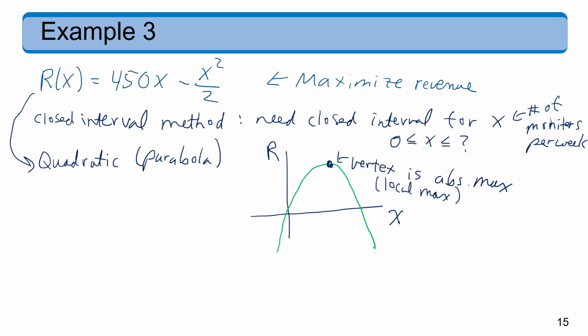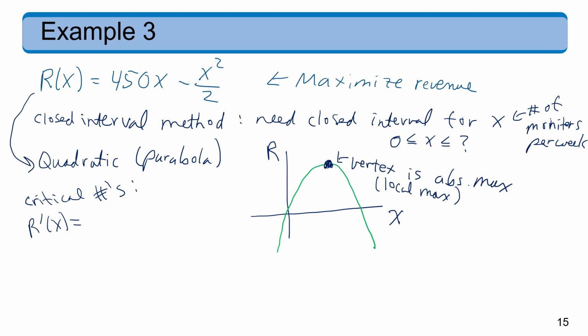And we know we could find that by finding the critical numbers, right? The points where the slope of the tangent is 0. So let's look for critical numbers. Okay, so that would be where the derivative is 0. So let's first compute r prime.